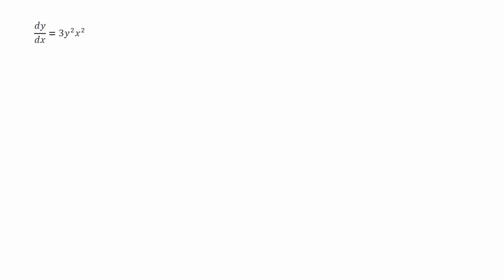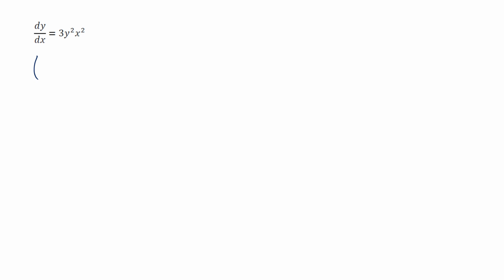All right, our next problem is dy/dx equals 3y squared x squared. Okay, so again, we want to get our equation in separable form. So I'm going to multiply both sides by dx over y squared in order to get my y variable contained on one side and my x variable contained on the other side.